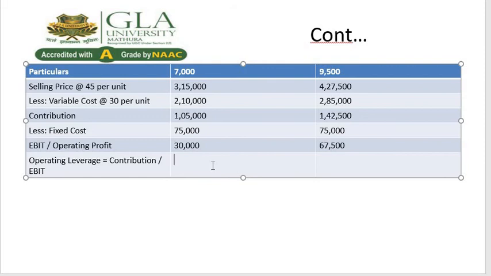So our contribution in the first case is 1,05,000 divided by 30,000.